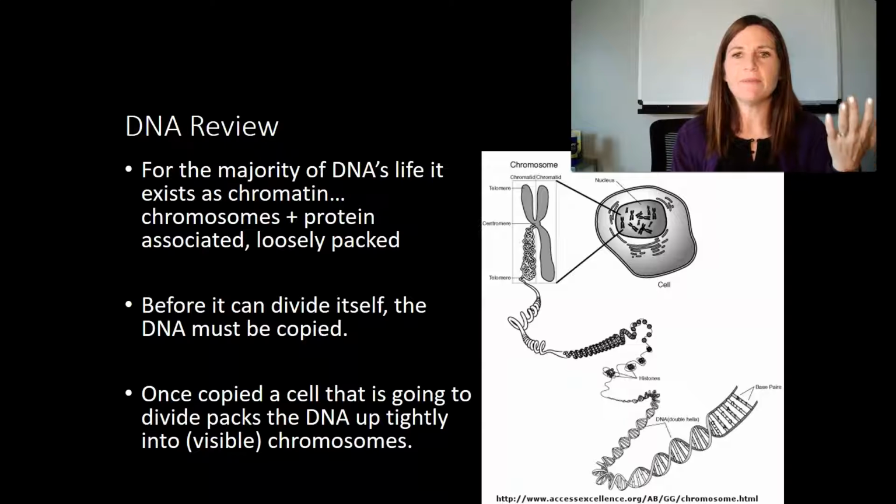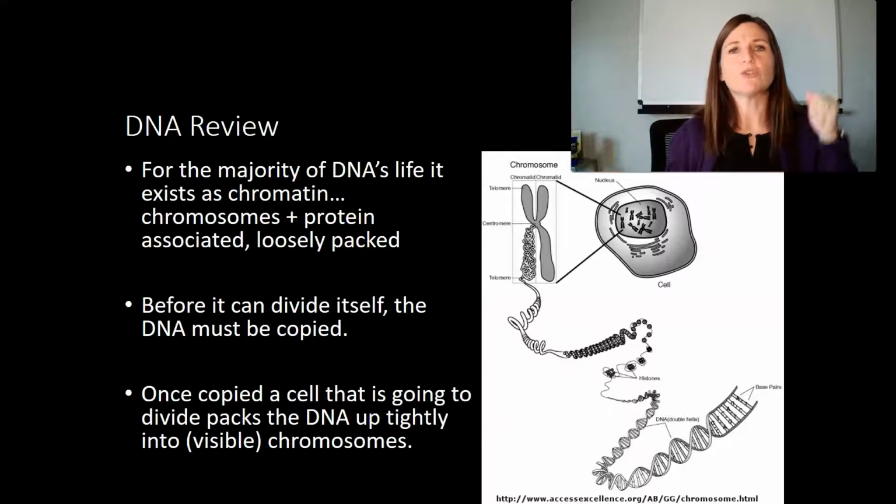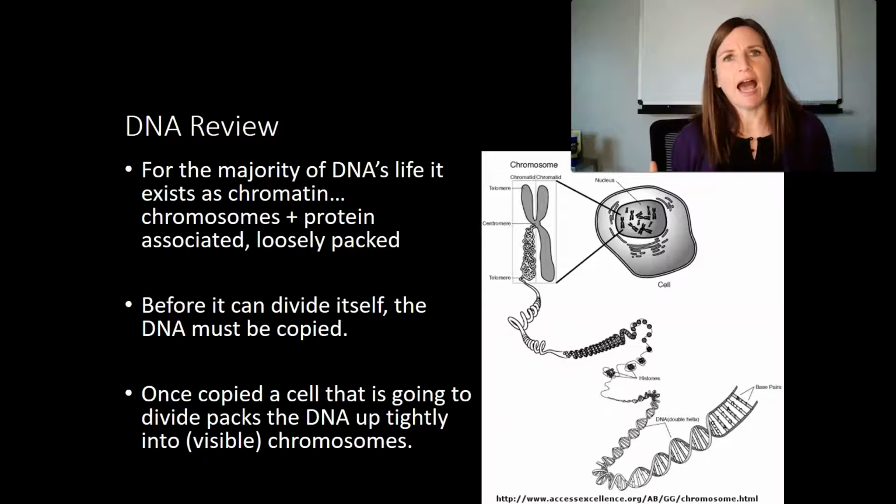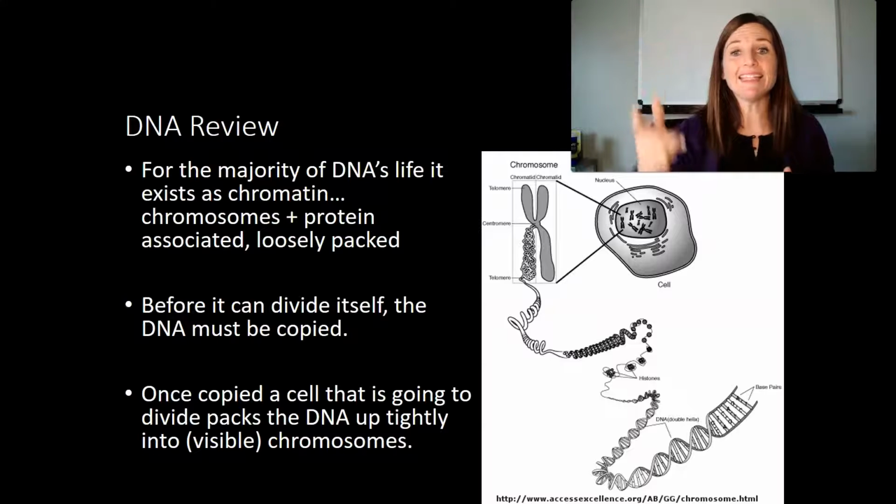This is the same concept of the chromatin versus chromosomes. So chromatin are those open drawers, that big old mess of clothes, and that allows access to them. You can try on that shirt, you can get into that gene and express that protein. You want to make sure that you have them accessible.